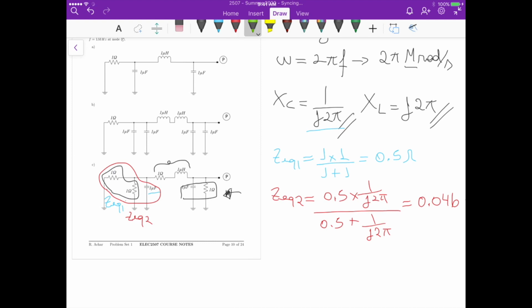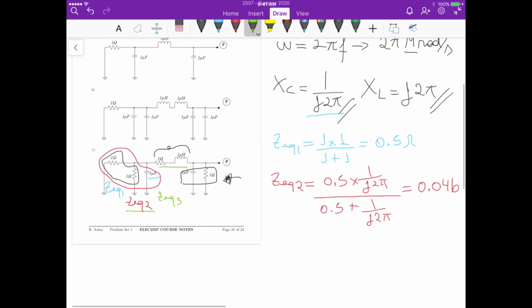Now we proceed with this series of ZEQ2 with 1 ohm plus the inductive reactance j 2 pi, right? So this is going to be our ZEQ3.